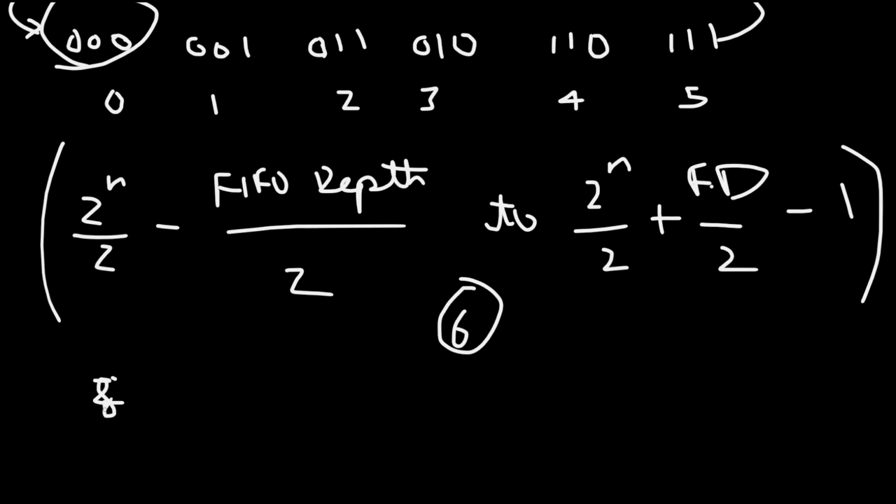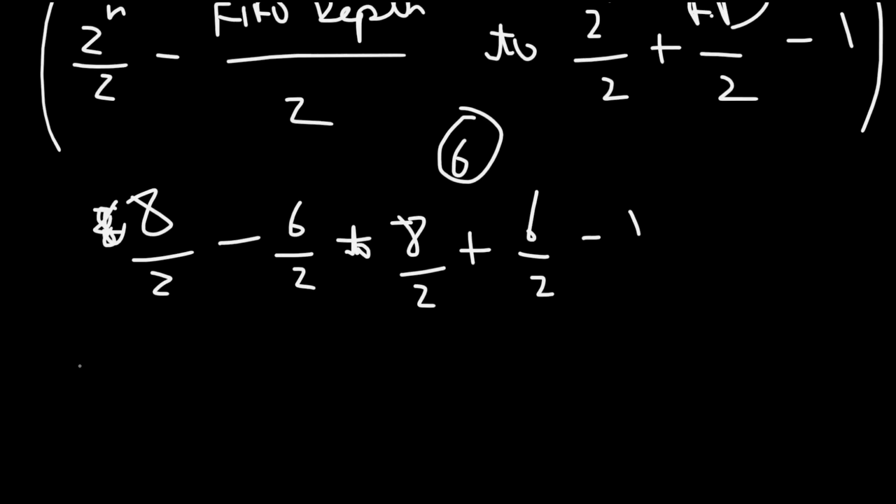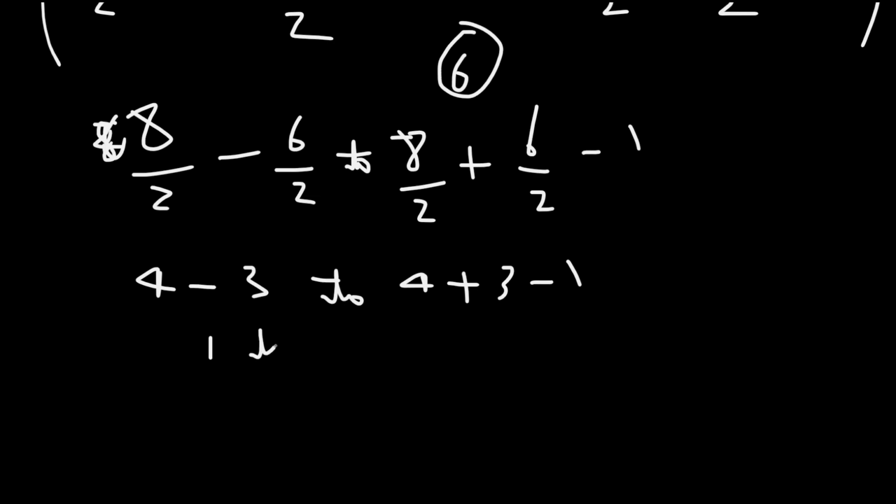So 8 by 2 minus 6 by 2, to 8 by 2 plus 6 by 2 minus 1. So it is 4 minus 3, to 4 plus 3 minus 1. That is 1 to 7 minus 1, which is 6.